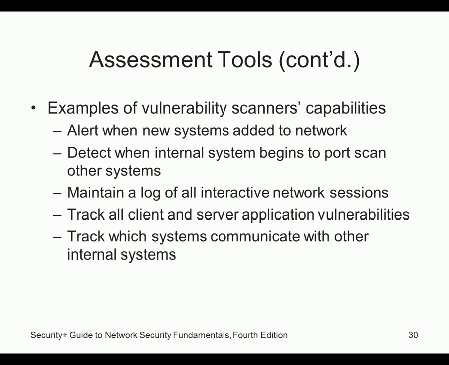Okay, you can alert when new systems are found. You can detect internal systems. University of Tulsa has a really cool system. It begins with Z something. I can't remember the name. What their system does is when you go to University of Tulsa and plug into their network, the first thing it does is check your machine for antivirus and updates. If you have all that, good, you're good to go and you can continue on the network.